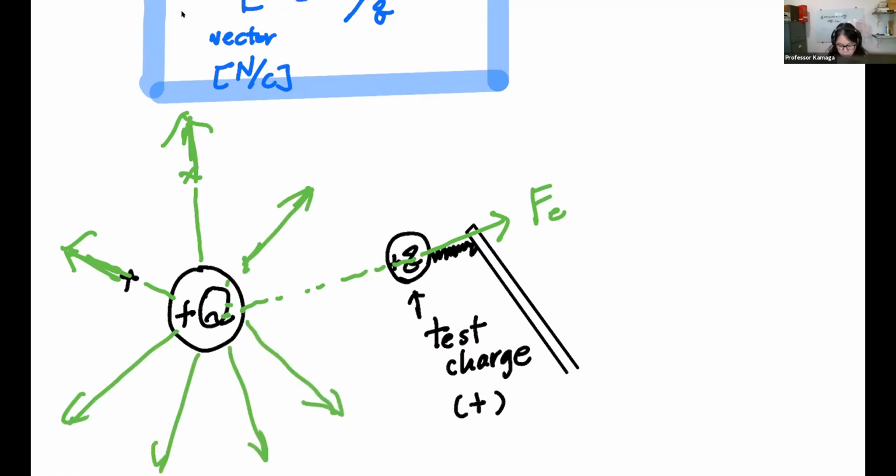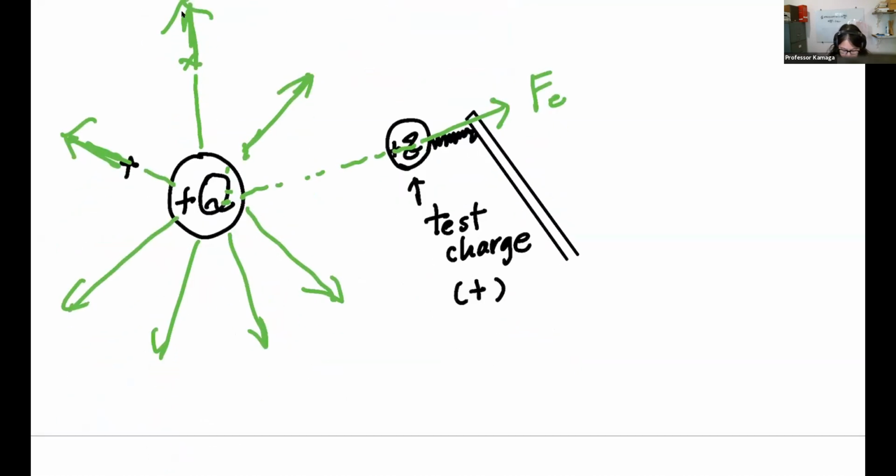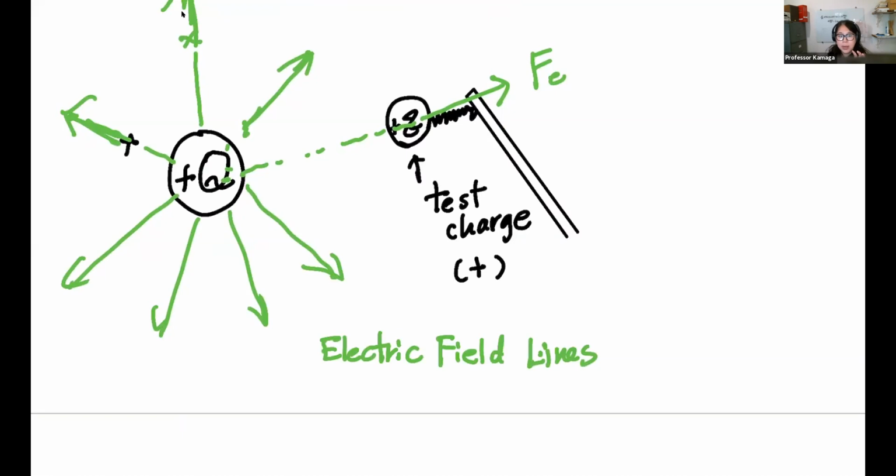So you can kind of draw forces. If you were to bring it over there, how much force is it going to feel? And what I drew here, the arrows, this is called electric field lines. So this electric field line is there without the little q.